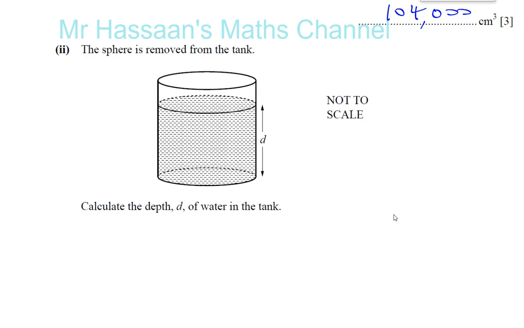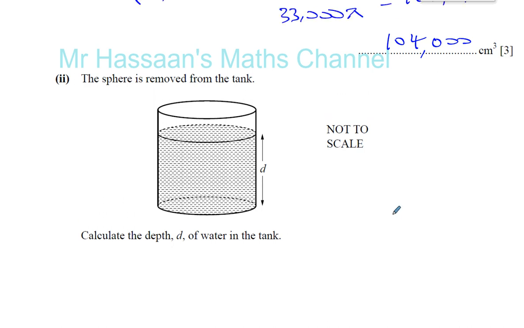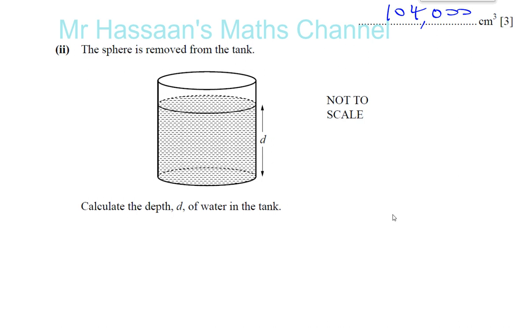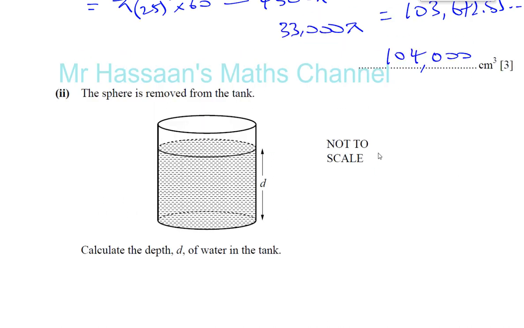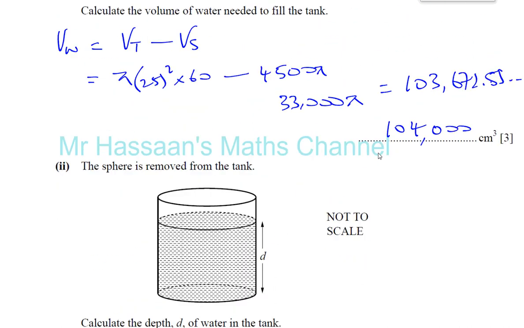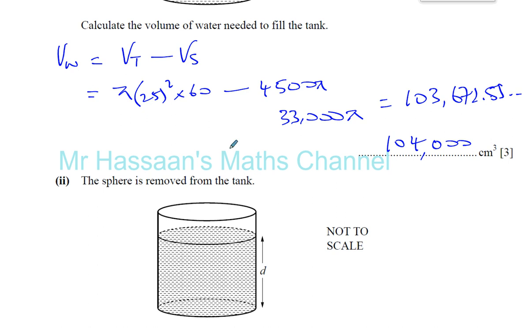Then I'll do B part 2. It says the sphere is removed from the tank. Calculate the depth of water in the tank. So now, if the sphere is removed from the tank, then we can see that the volume of water in the tank is 33,000 pi. We just worked that out before.